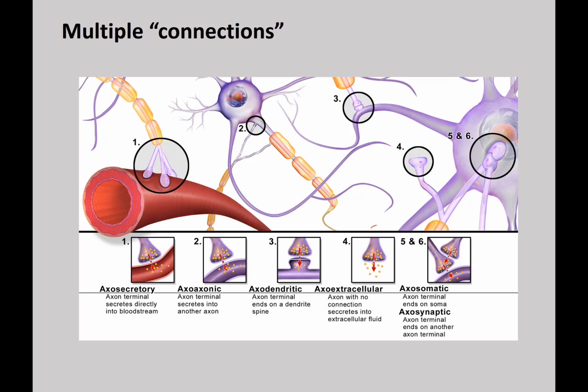Not all signals are transmitted from axon to dendrite, right? You can have axon boutons secreting into the bloodstream and into different regions of the axon, okay, and to different parts of the dendrite, not just always at the tips, and axon to another axon.